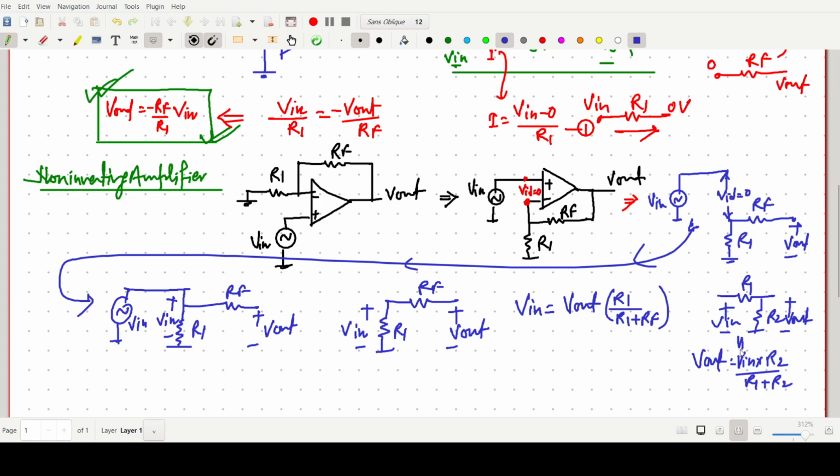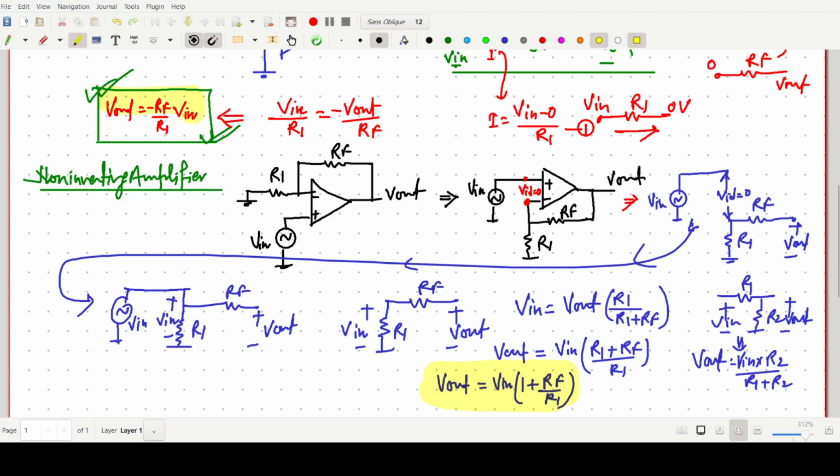This one is the voltage division rule. So now from here we can write V output equals V in times R1 plus RF by R1, or V output equals V in times 1 plus RF by R1. So this one is the expression for the non-inverting amplifier.